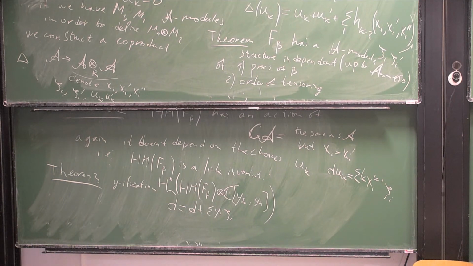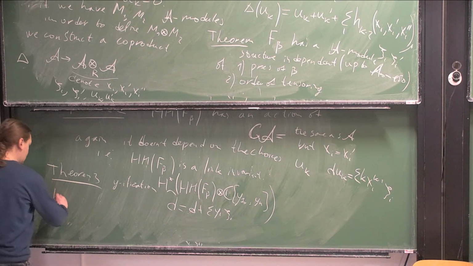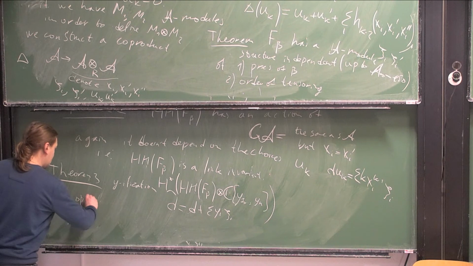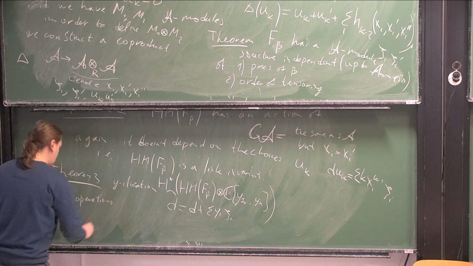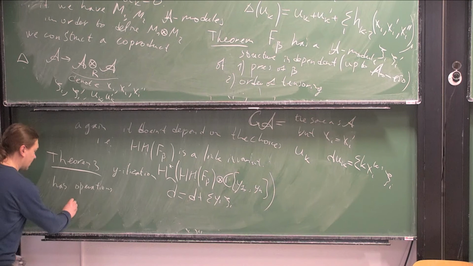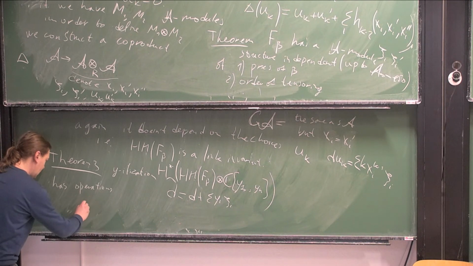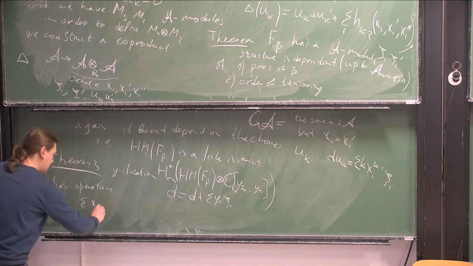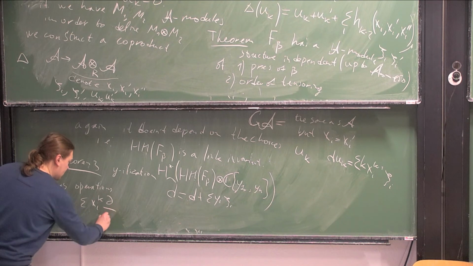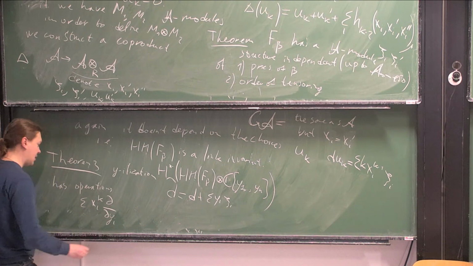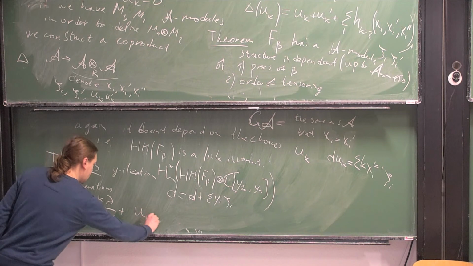That has new operations that look as follows: sum of xi to the k d over d yi plus k.